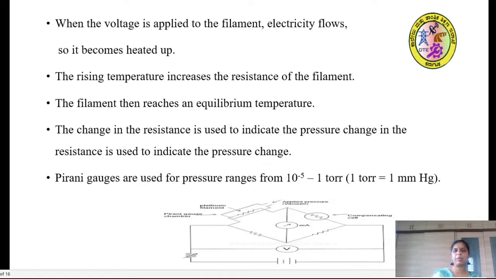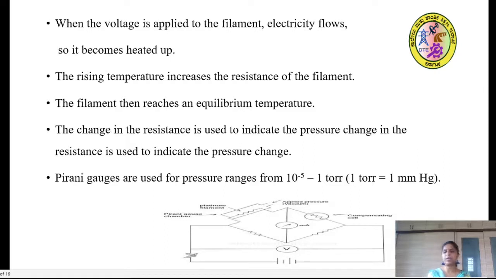The flow of electricity causes the temperature to increase, which in turn increases the resistance of the filament. So when one of the resistances in the circuit changes, the change in the resistance is used to indicate the change in the pressure applied at the Pirani gauge circuit.